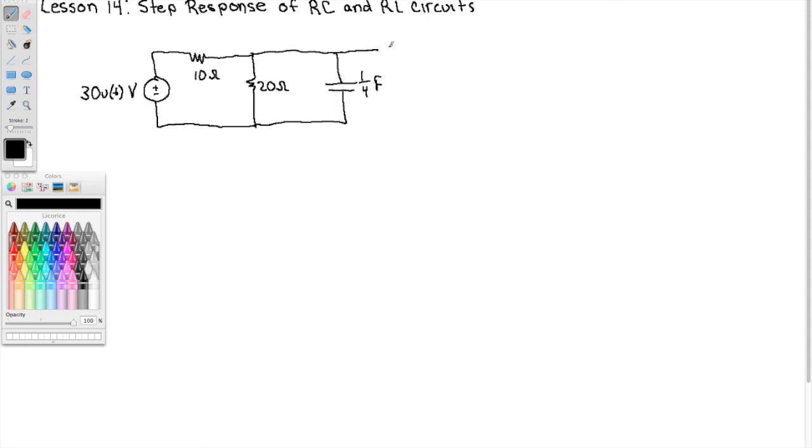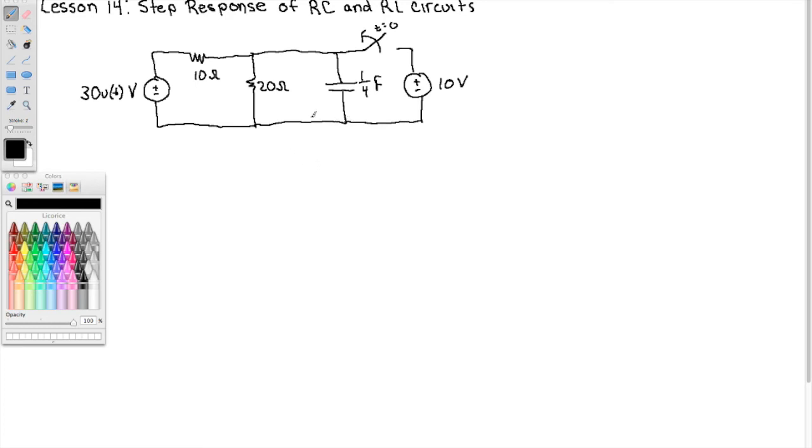And call this 10 u(t). No, excuse me. Let's have a switch here, opened at t equals 0, and this will be 10 volts. Right?